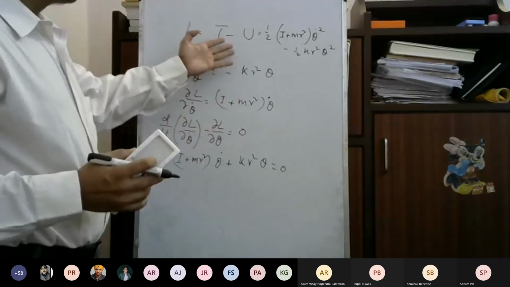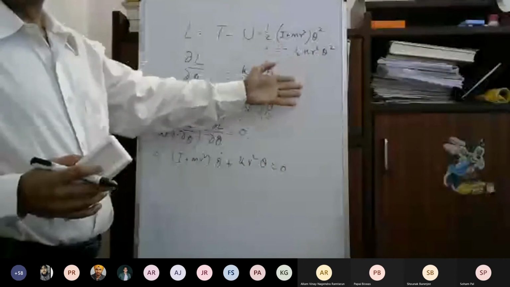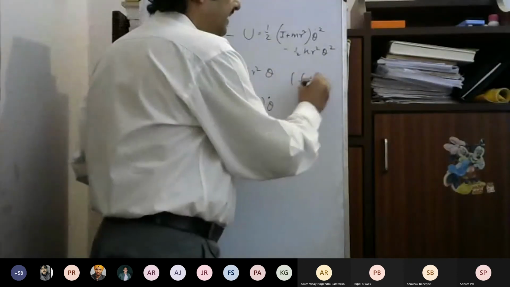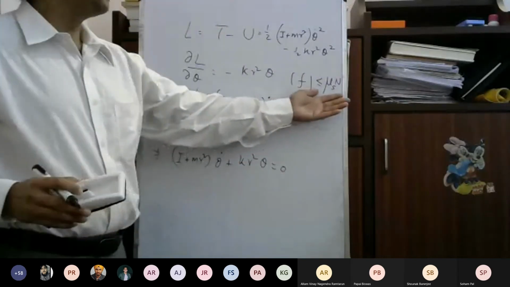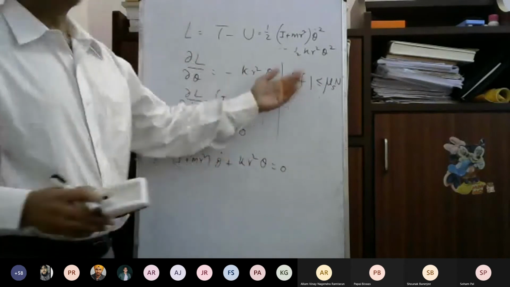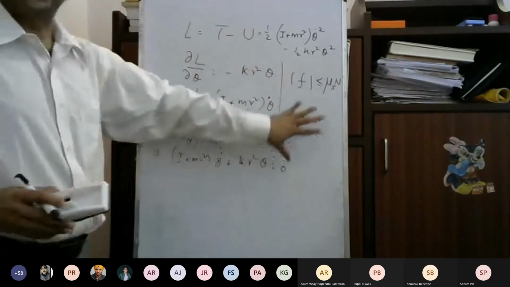For example, in this particular case, just to ensure that rolling is taking place, we need to find F, because we have to satisfy the condition that the magnitude of F is less than or equal to mu s times N. We cannot find this F from the Lagrange technique.